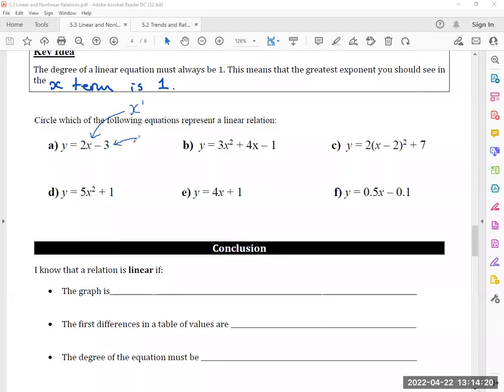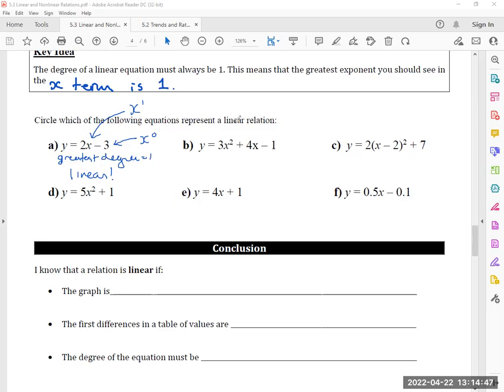And here, you can say that x is actually to the power of 0. It doesn't exist. So what's the largest exponent you see? 1, right? It's right here. So it's the largest degree. So the greatest degree equals 1. This is going to be linear. It's going to give you a straight line.